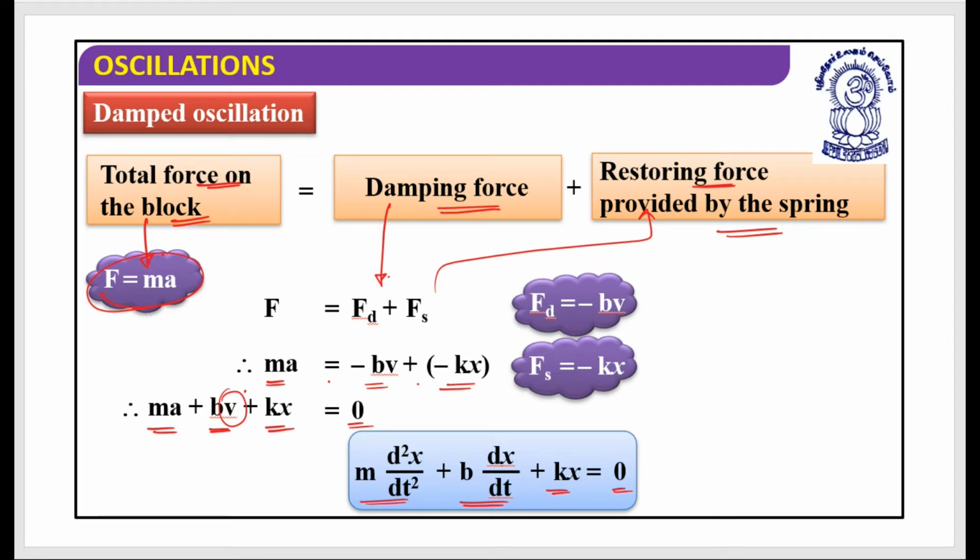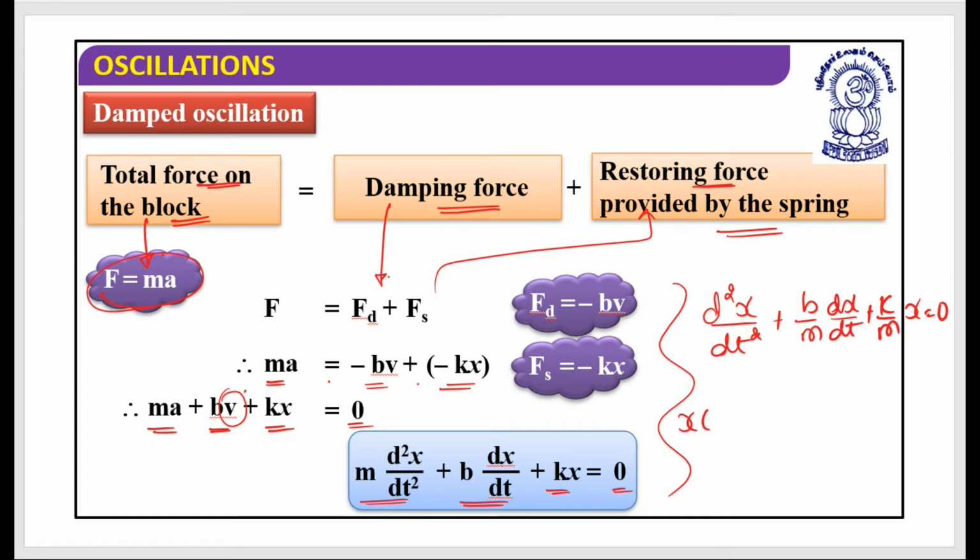So this could also be written as d square x by dt square plus b by m into dx by dt plus k by m into x equals 0. And this represents an oscillation, but it is an oscillation of decreasing amplitude. So this could be given as A' cos(omega' t + phi), something like this.